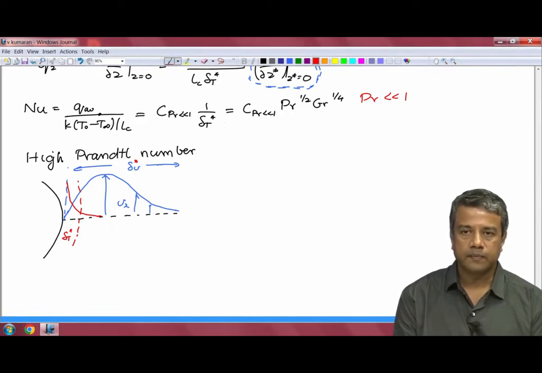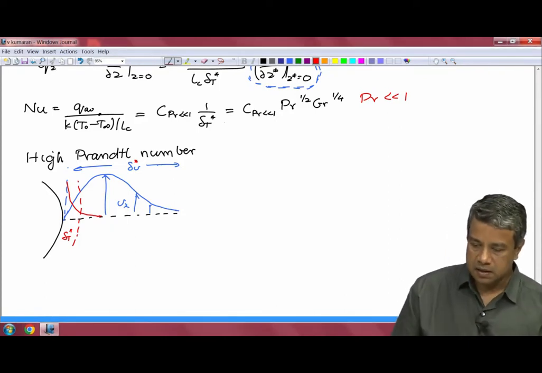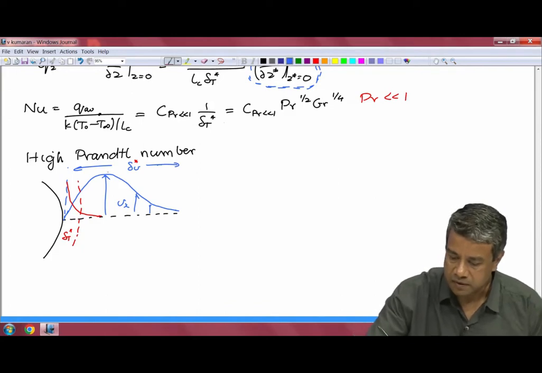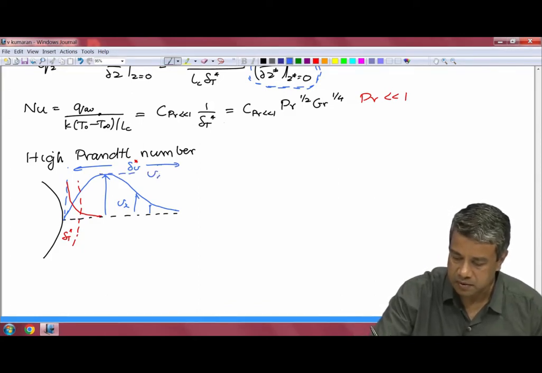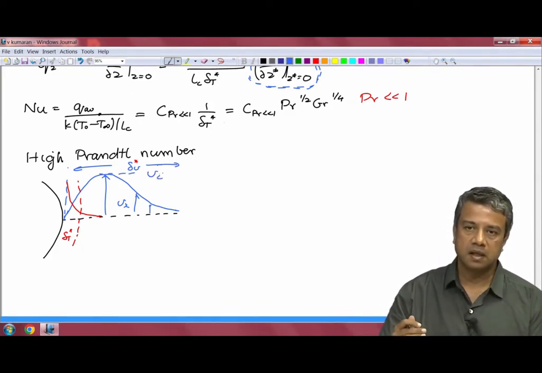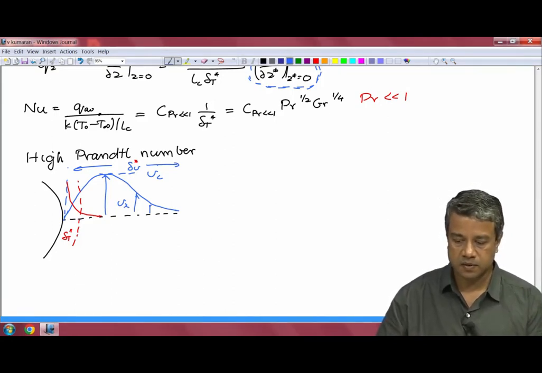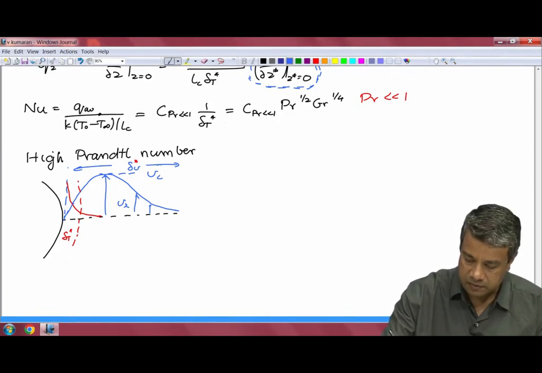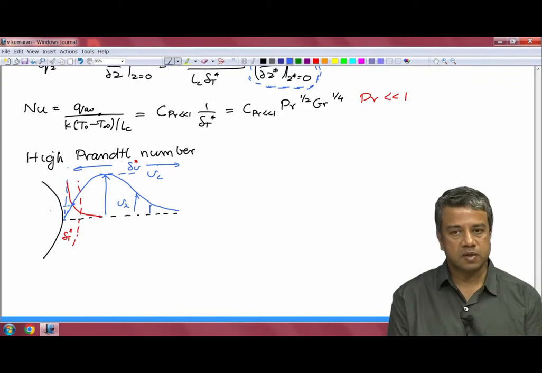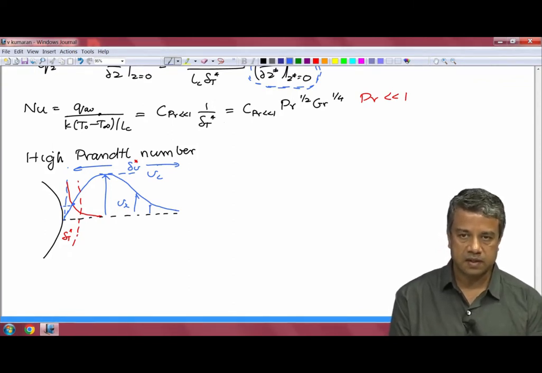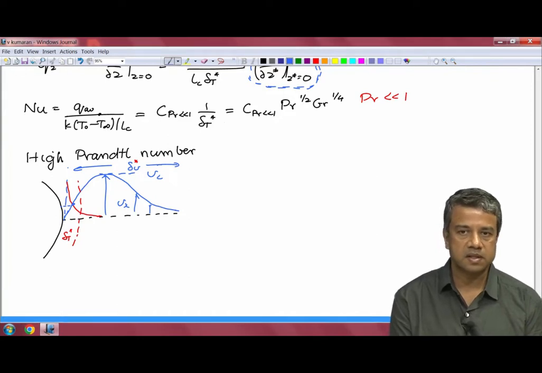The characteristic velocity is the velocity scale which is comparable to the maximum velocity. Since the thermal boundary layer thickness is very small, the velocity within the thermal boundary layer could be much smaller than the characteristic velocity, because the temperature disturbance is restricted to a very thin region.